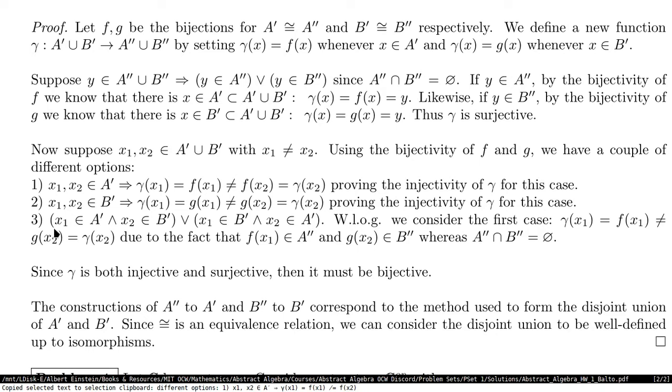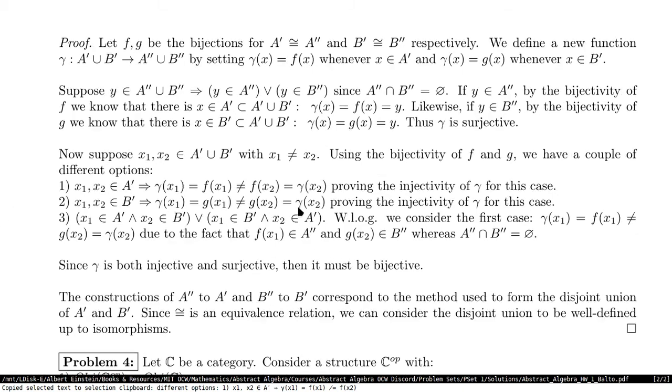Right? So what this implies is that x1 is in A prime and x2 is in B prime, or x1 is in B prime and x2 is in A prime, right? And without loss of generality, you can just take the first case.